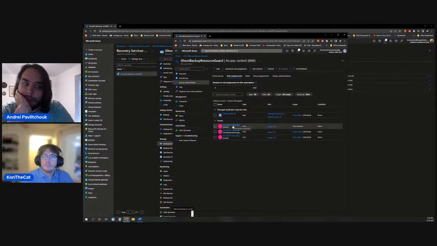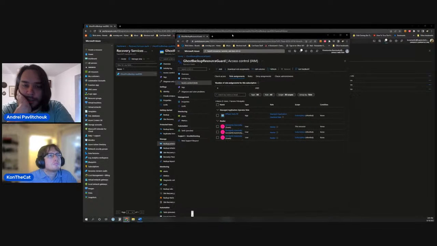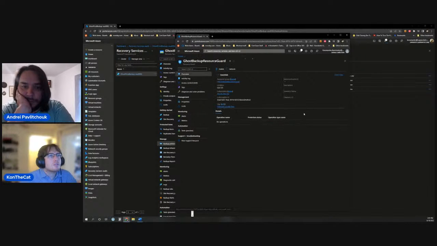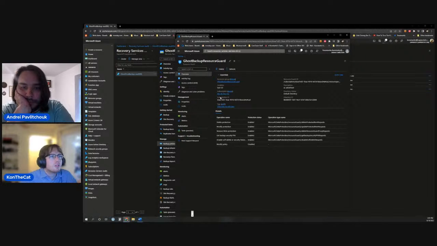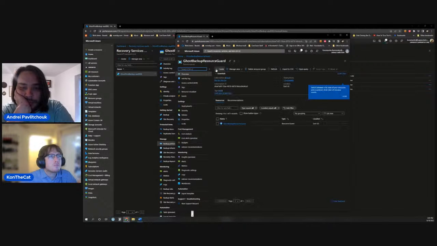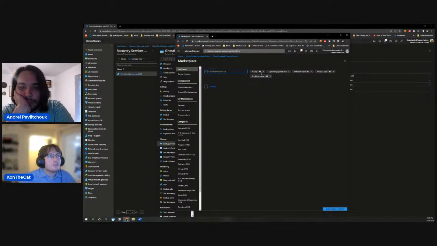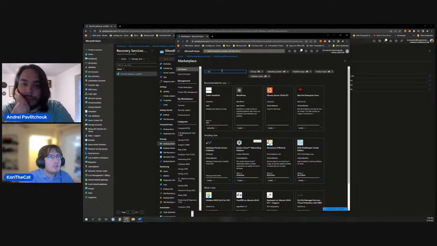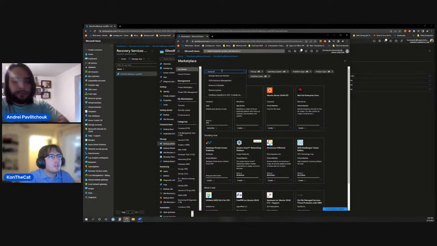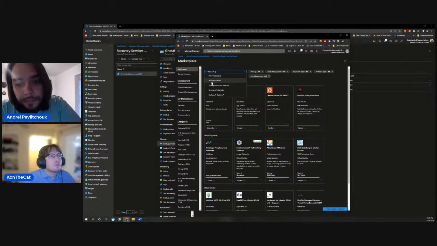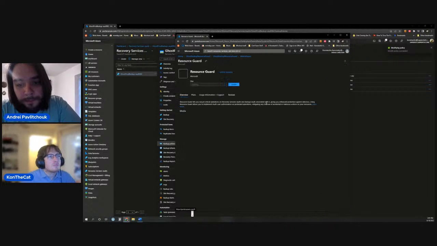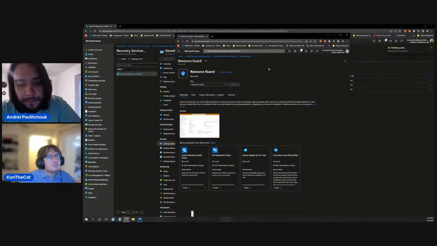So just give me a quick run-through. How did you get that Ghost backup resource guard? Is that just, it's a resource like any resource. You just go resource guard, and then create.